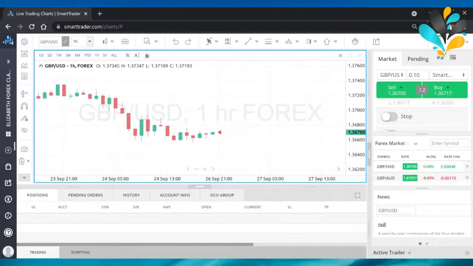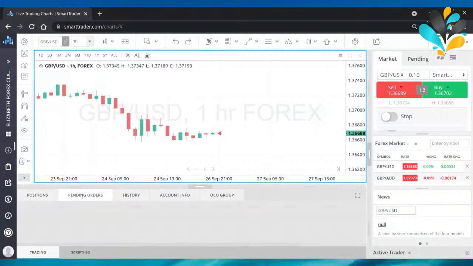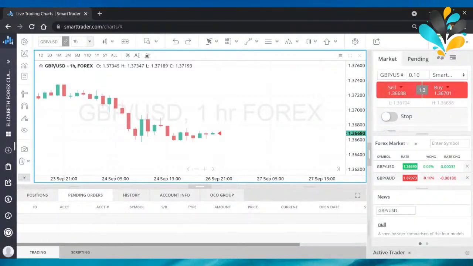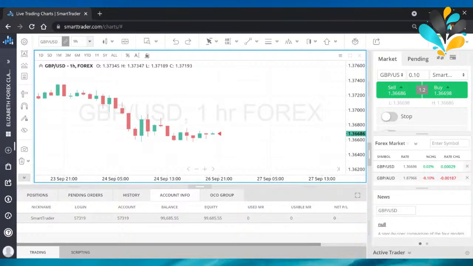So this is where you would see any trades that you are currently in, any pending orders that you've set. The history is for the trades you would have set. The account information would be how much funds you have on your account, how much you can trade within each account, which is also called equity.